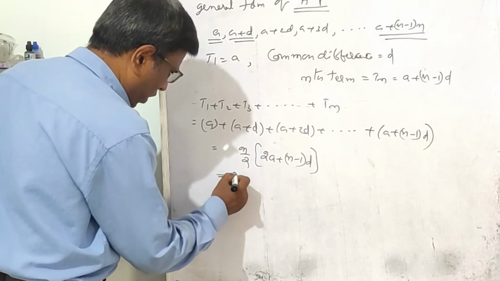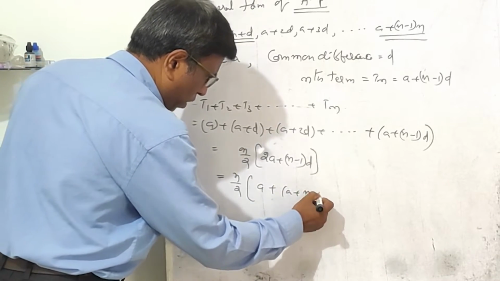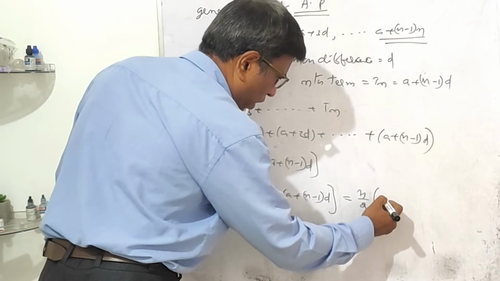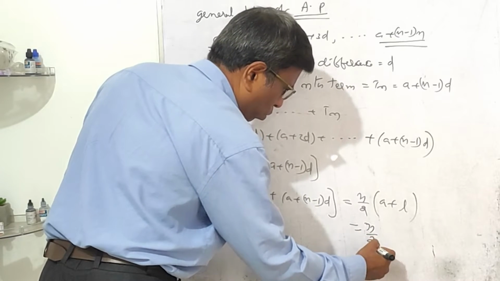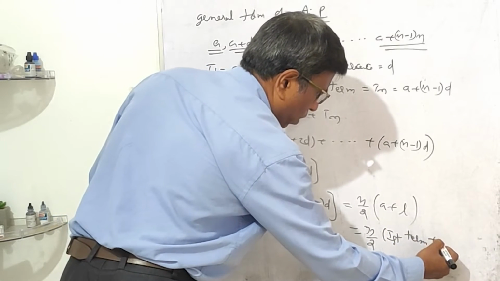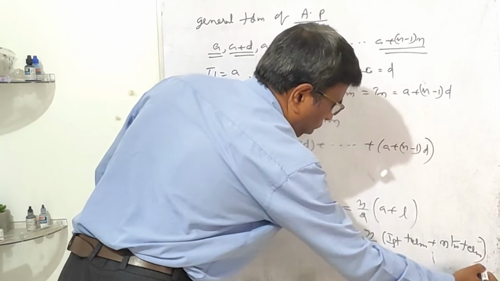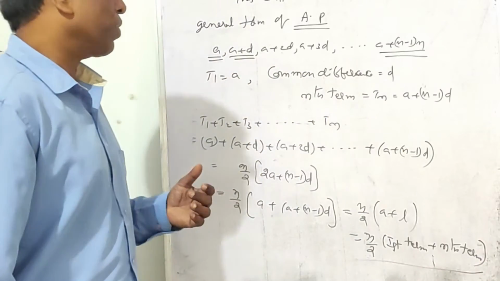This can also be taken as n by 2 into (A plus L), that is, n by 2 into (first term plus last term, the nth term). This is the formula.